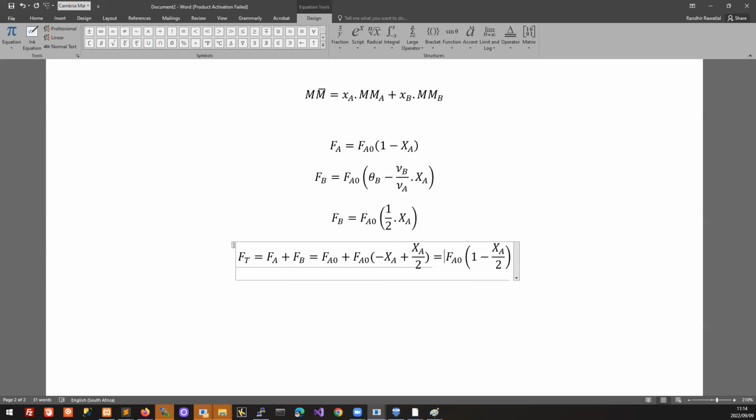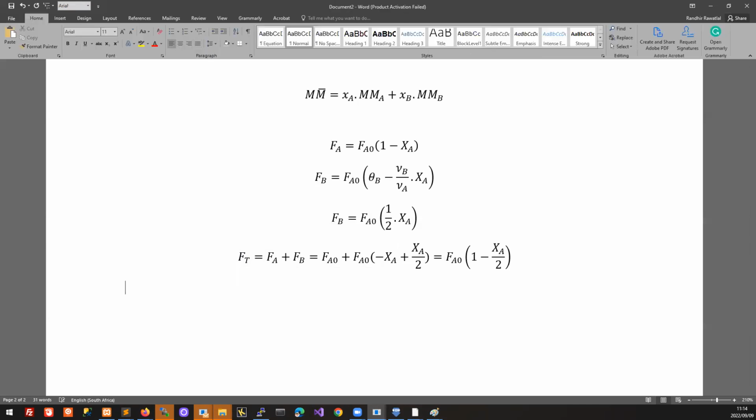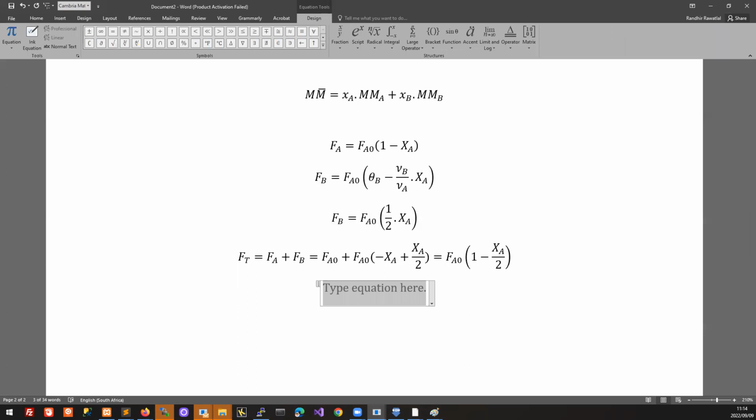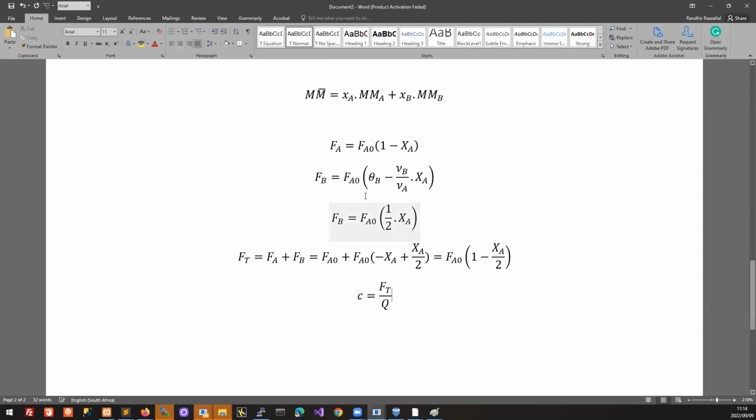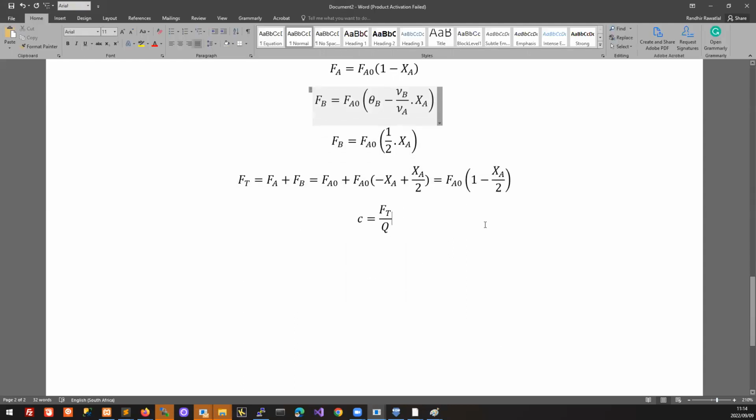So then we can say the concentration C total is equal to the total molar flow rate divided by the volumetric flow rate at the exit. Right, and that's the thing we are solving for.